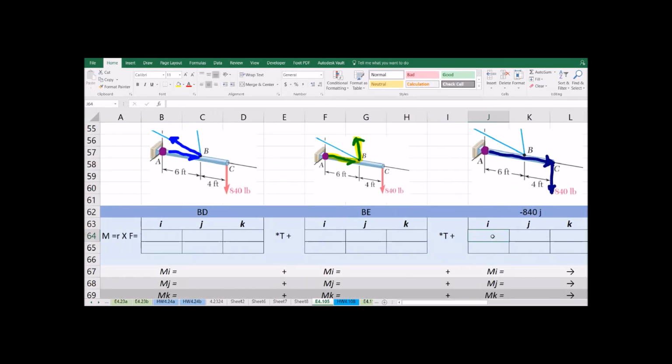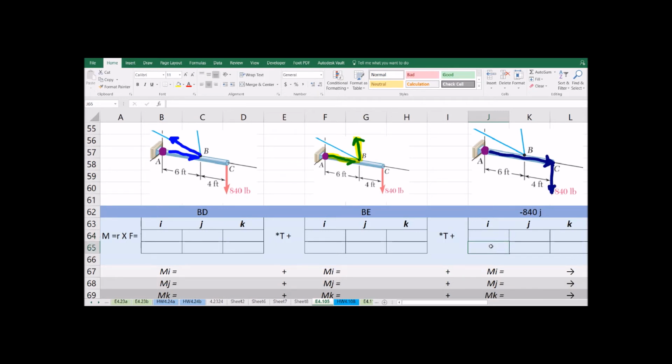So we're going from A, from the axis of rotation to where the force is applied. And let me know if that doesn't make sense, why we're taking the moment around A. Taking the moment around the right spot is going to be what simplifies these problems for you.